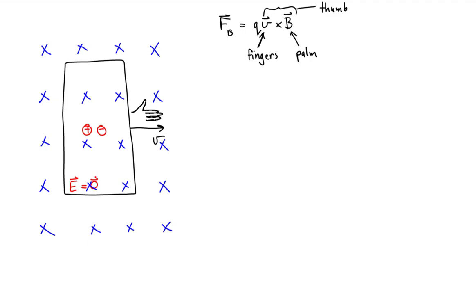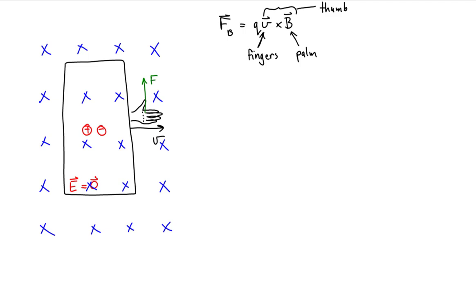So this positive charge is moving to the right, being in the conductor, and notice our right hand is pointing to the right. Now we're looking down on top of our right hand, so our palm is facing away from us in the direction of the magnetic field, and notice that the thumb of our right hand is pointing straight up.